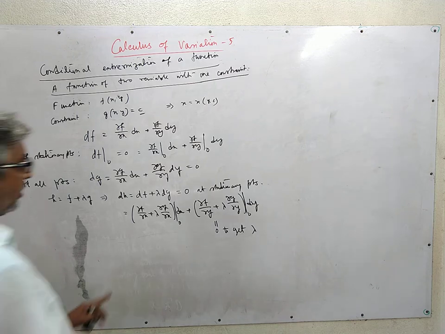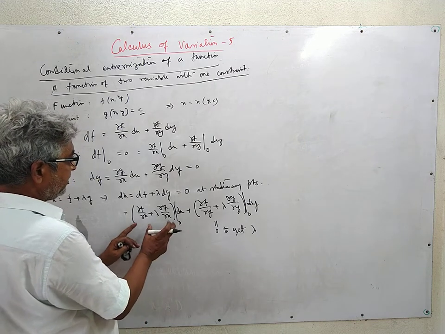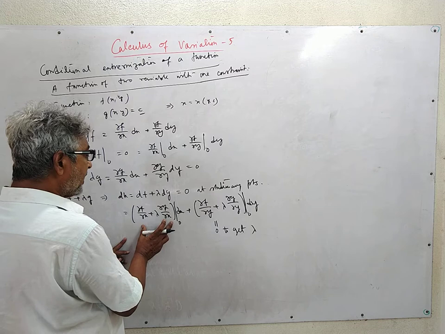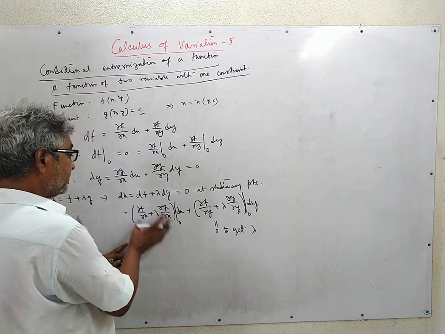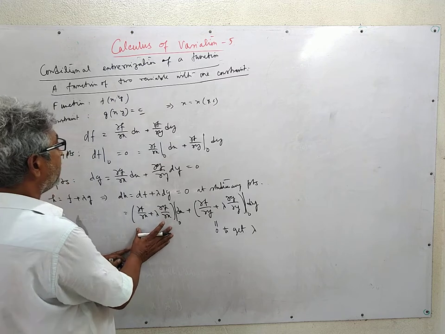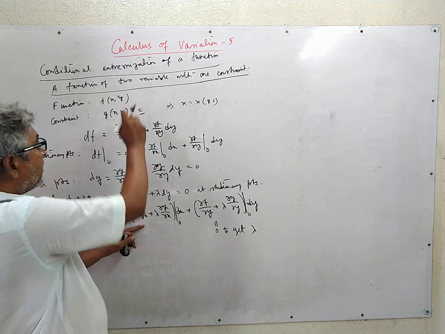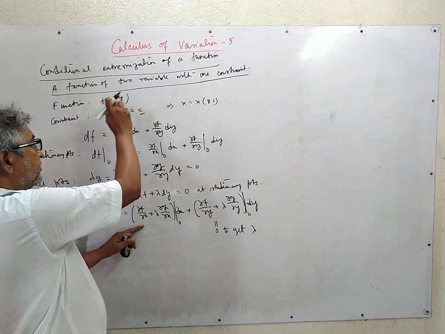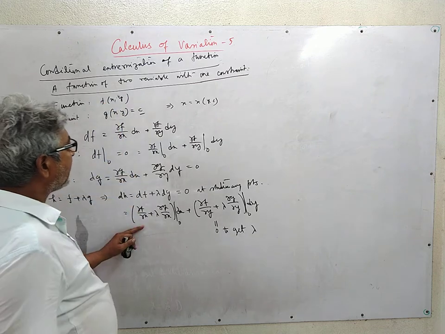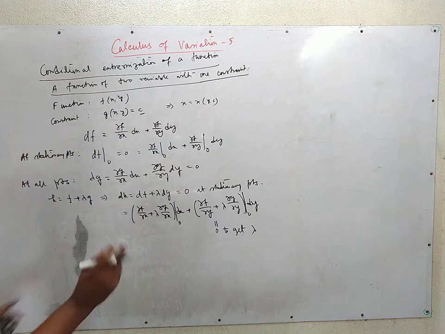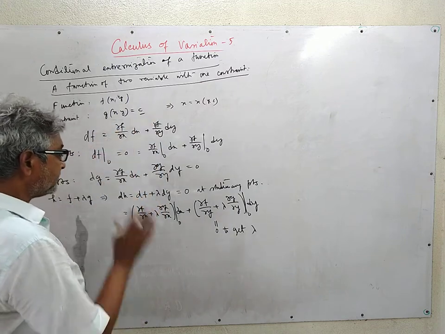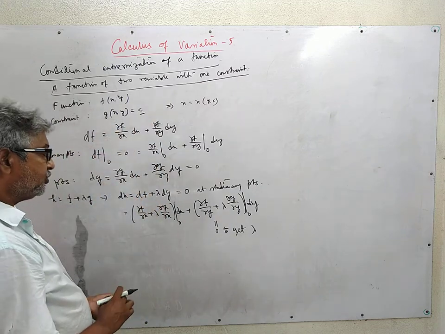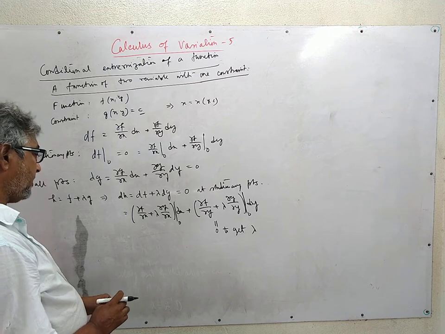This gives us an equation involving x0 and y0. But we have one equation and two variables yet to be known. But there is one more equation. This equation is also valid at x0, y0.